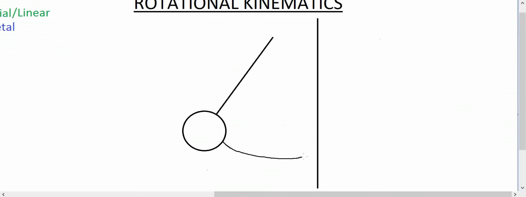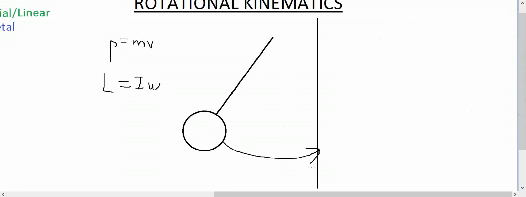Boom. It impacts the wall here. The wrecking ball has some linear momentum and some angular momentum.